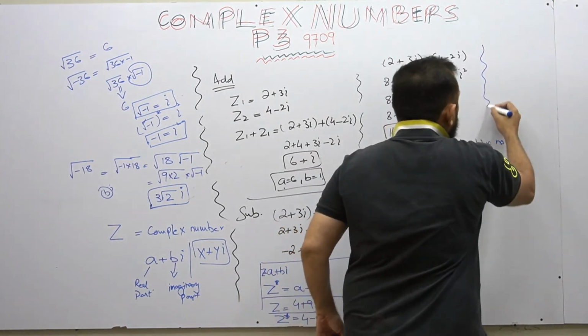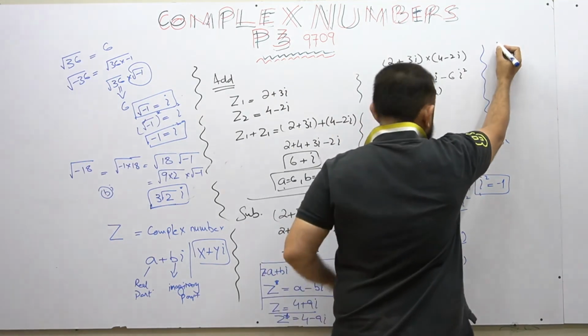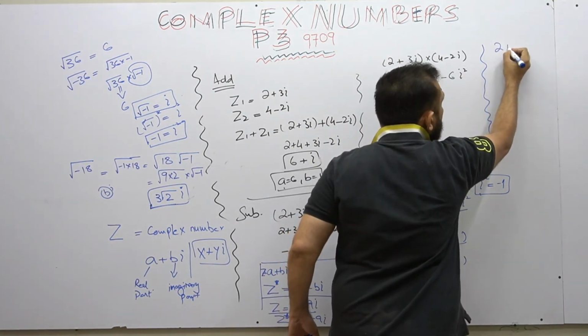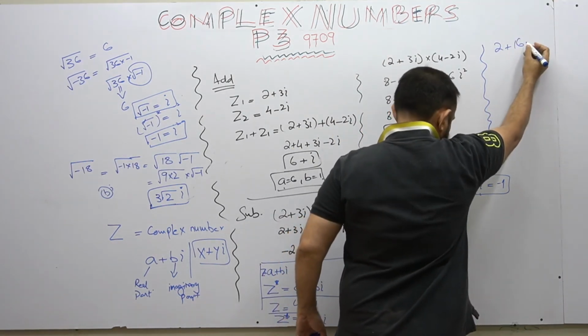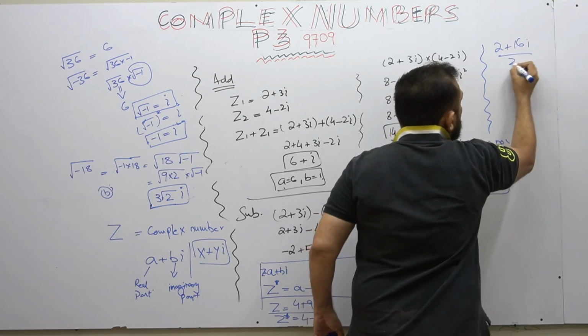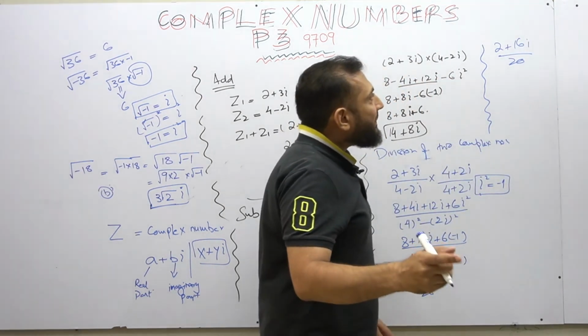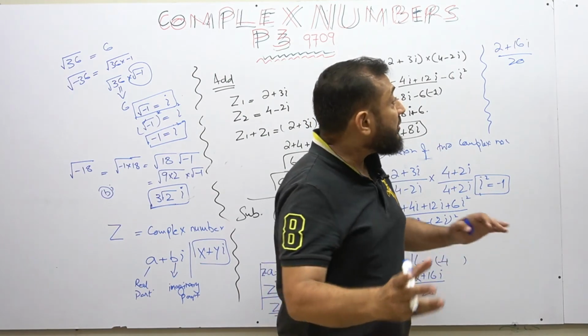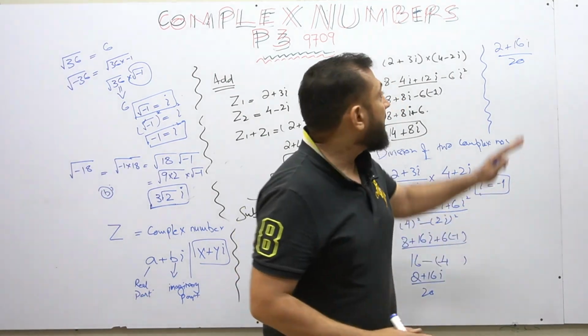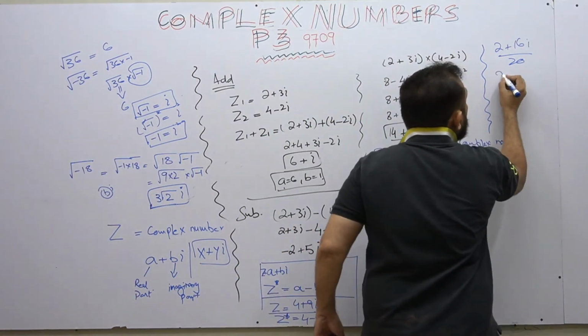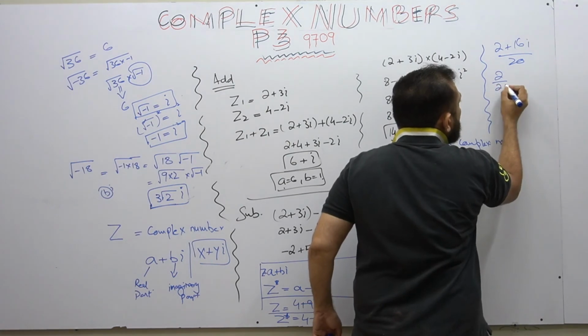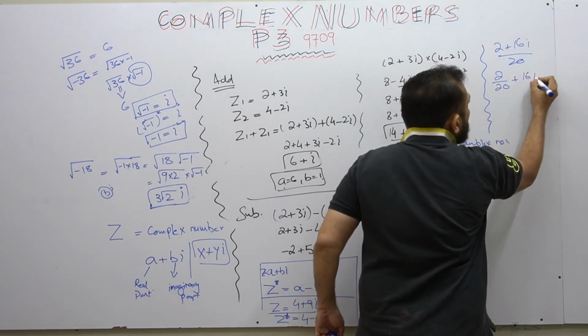Now if we do further simplification, we have 2 plus 16i upon 20. So you cannot write the complex number as a simple fraction. You need to break the LCM into 2, like we need to write 2 upon 20 plus 16i upon 20.